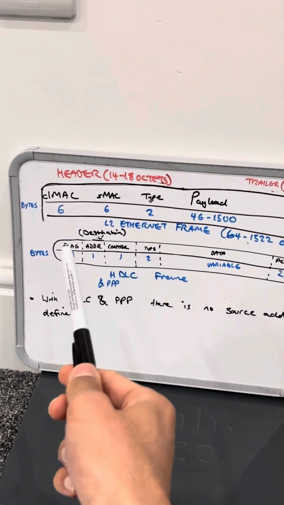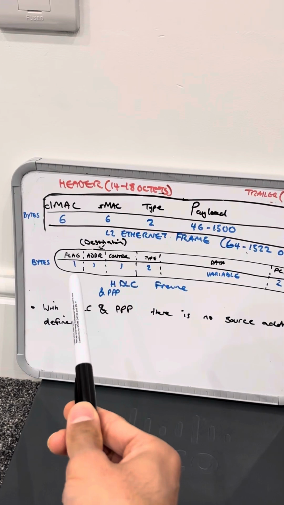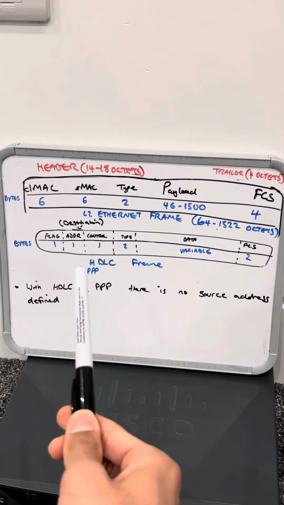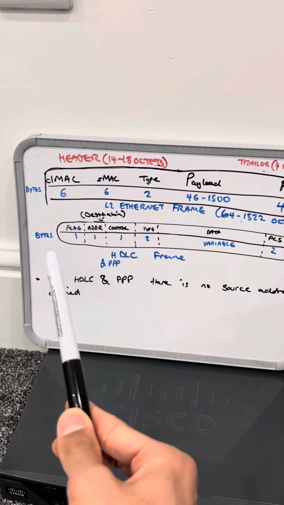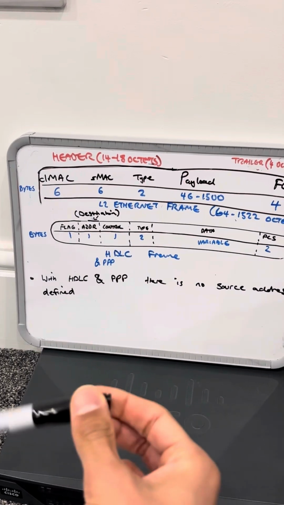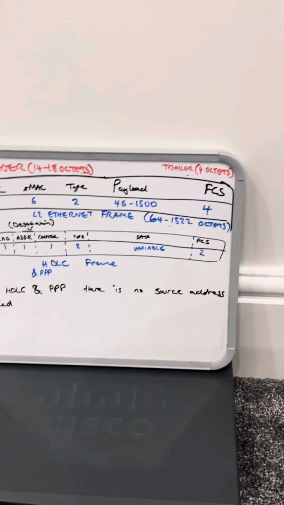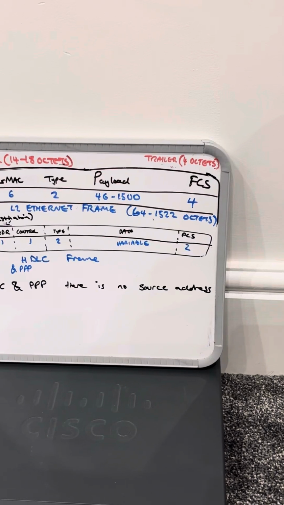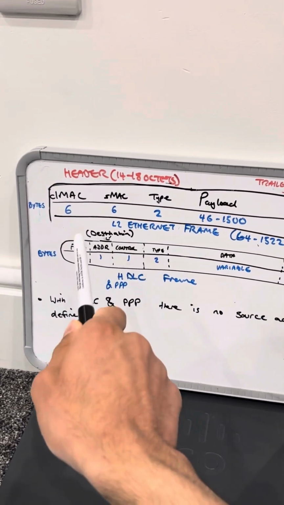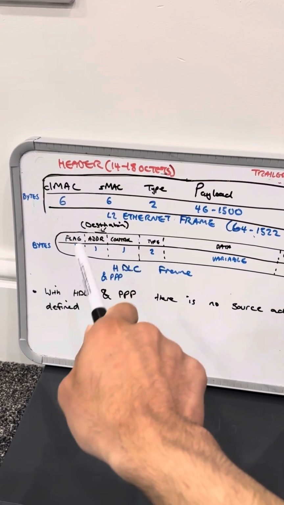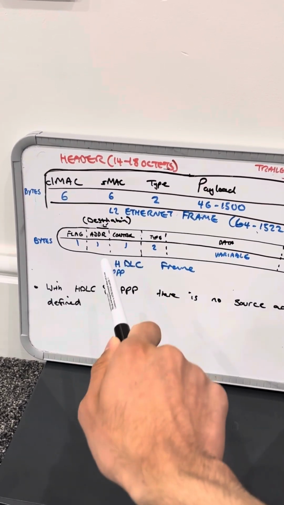Why? Well, firstly, here we've got a flag. The flag basically tells the receiving node, using a pattern of bits, that a new frame is coming. Then this part is the destination address.